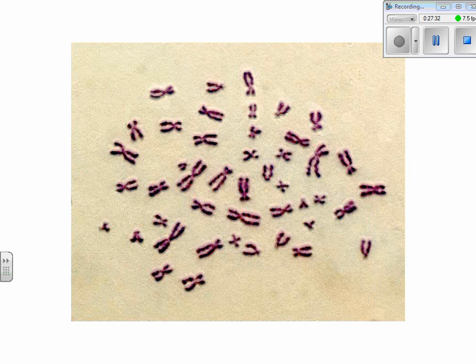And people used to have to do that by hand, but of course computers can do it now because they can spot patterns. But you've got 2 of each chromosome, so that is literally 23 pairs of chromosomes. What sex is that one? Male, yeah, because it's got an X and a Y at the end. All right, but more to come on that topic.